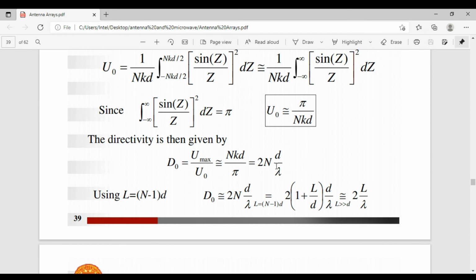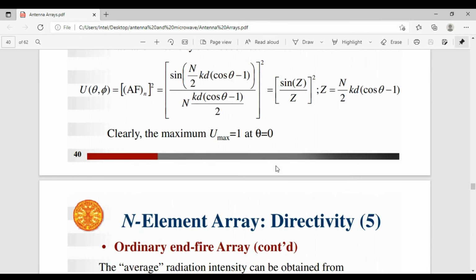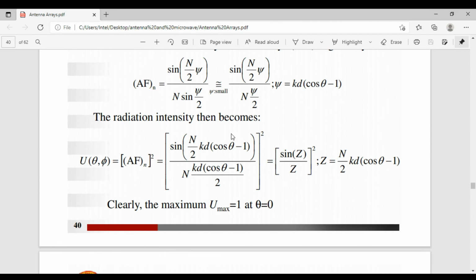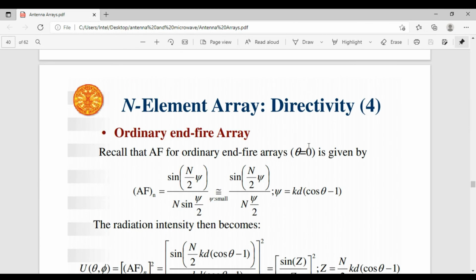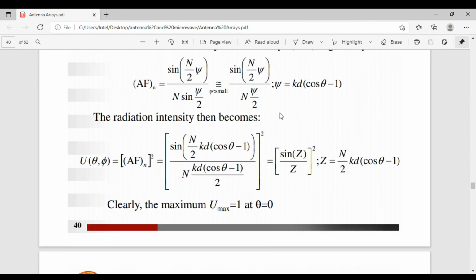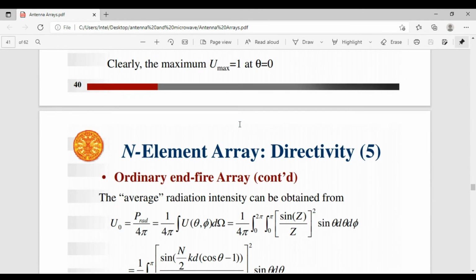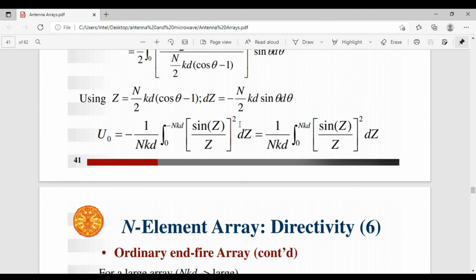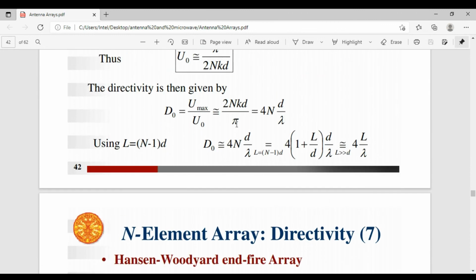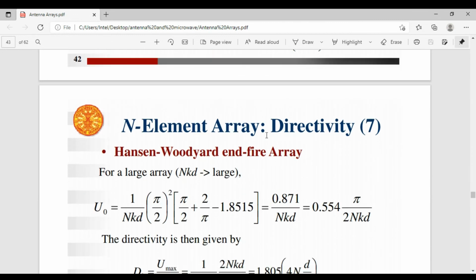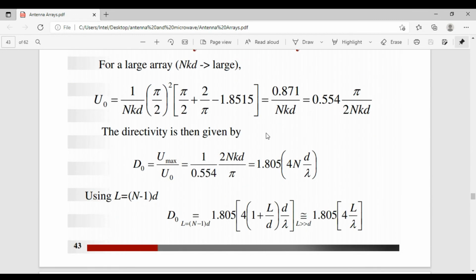The directivity of the end-fire array is 4Nd by lambda. Here in the broadside array it is 2Nd by lambda, and in the end-fire array it is 4Nd by lambda. So the directivity is increased compared with the broadside array.